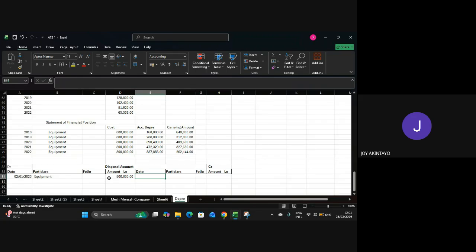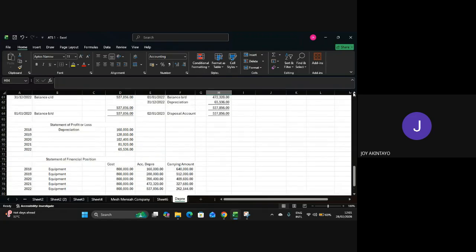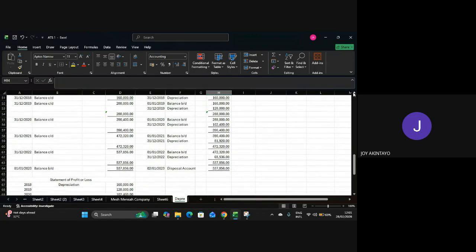So we say disposal, the same day, accumulated depreciation. How much are we bringing from our accumulated depreciation? So we are bringing this.